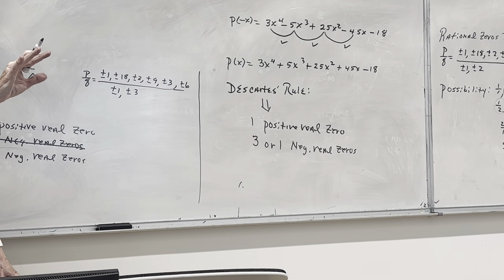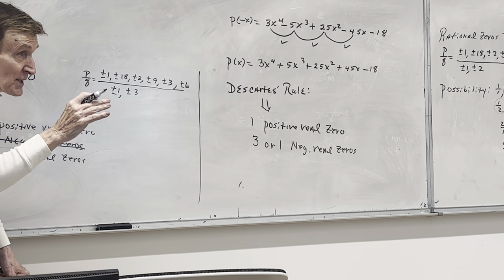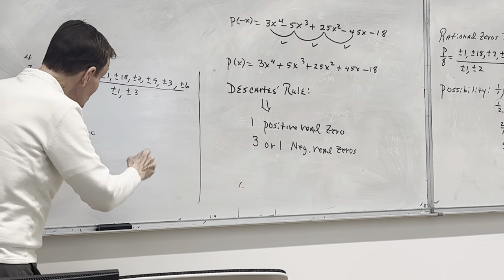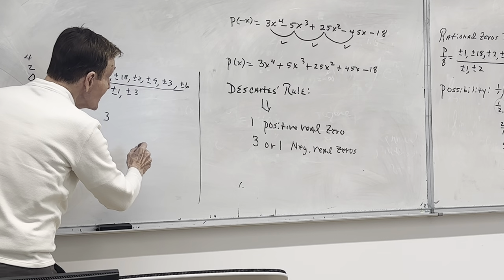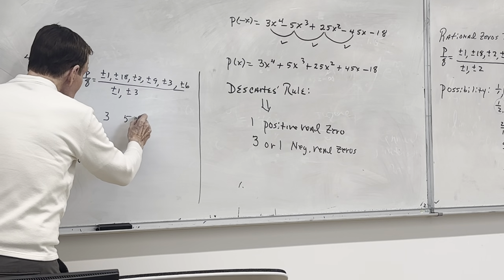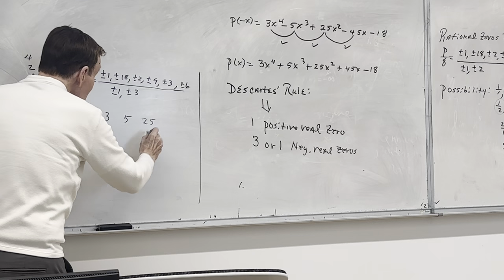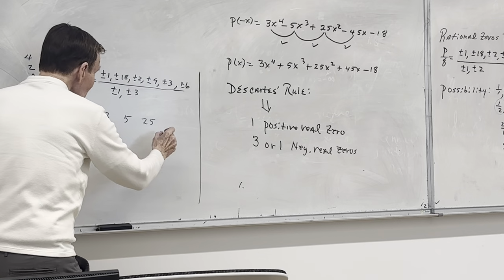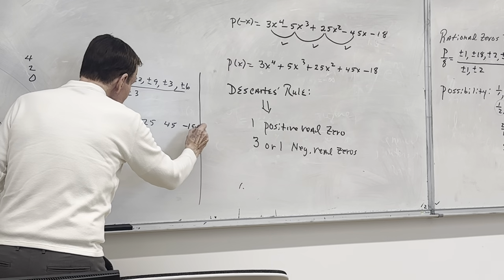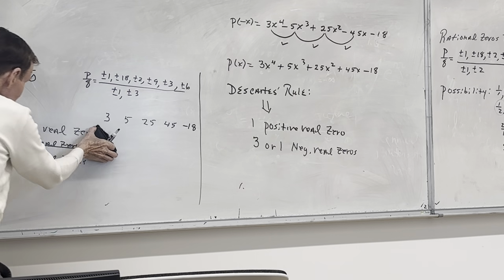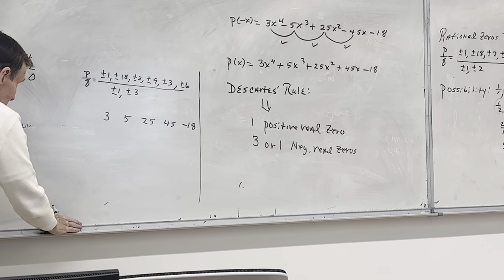I'm not going to list the possibilities here, I'm going to ask you guys just to look and choose one. You bring down your coefficients: 3, 5, 25, 45, negative 18.